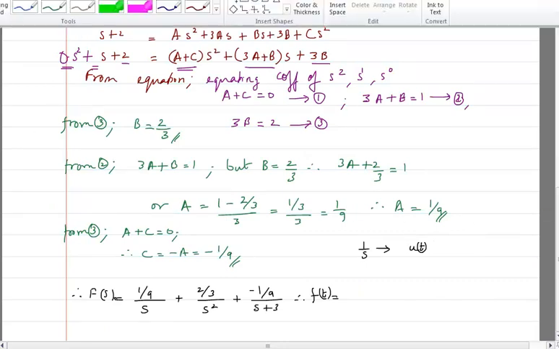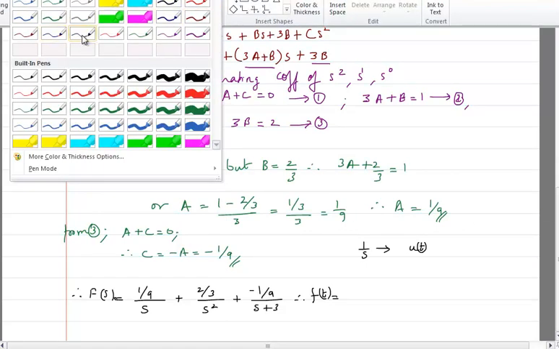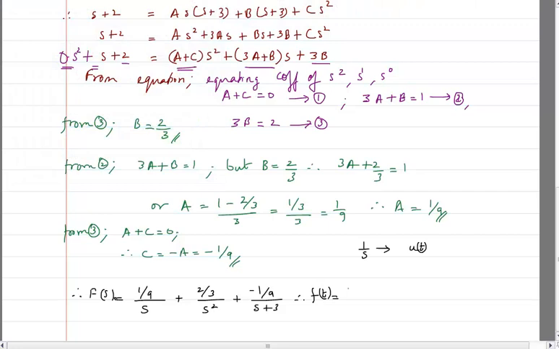So f of t will be equal to, 1 by 9 is the coefficient, so I will take 1 by 9 u of t, plus 2 by 3, 1 by s square is going to be t u of t, and similarly this is going to be minus 1 by 9 times 1 by s plus 3. What is 1 by s plus 3?